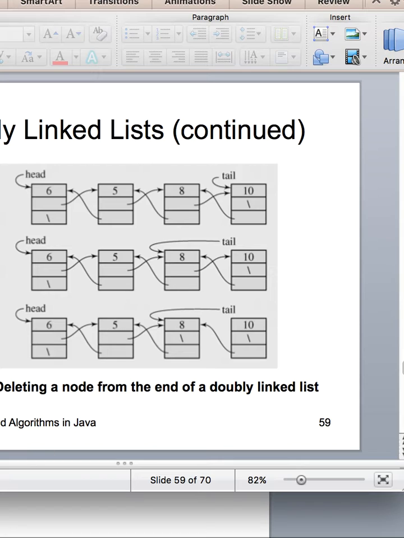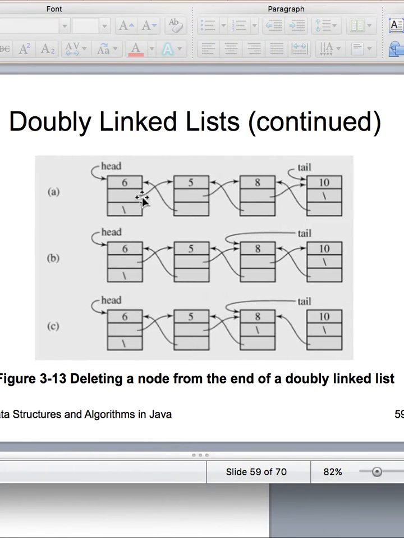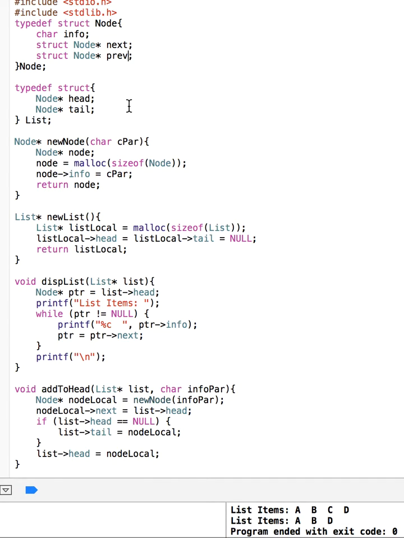As you see here, with the doubly linked list, each node has a pointer to the next and also a pointer to the predecessor. Now let's continue with the code. So we have next and previous.